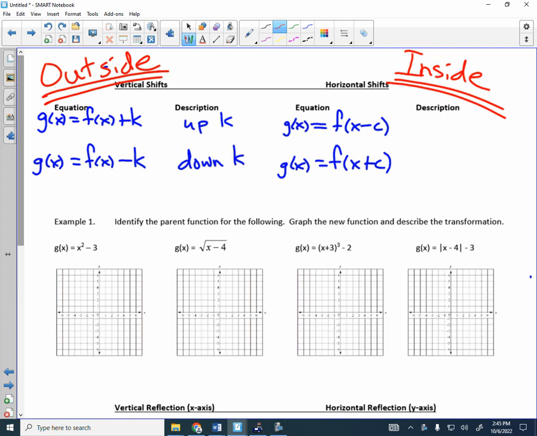Okay? So anybody know what's going to happen if we subtract c? Right c units. Opposite of what you think. Opposite of what you think. And you actually already know this, and I'm going to show you how you already know this, okay? And then this would be left c units.